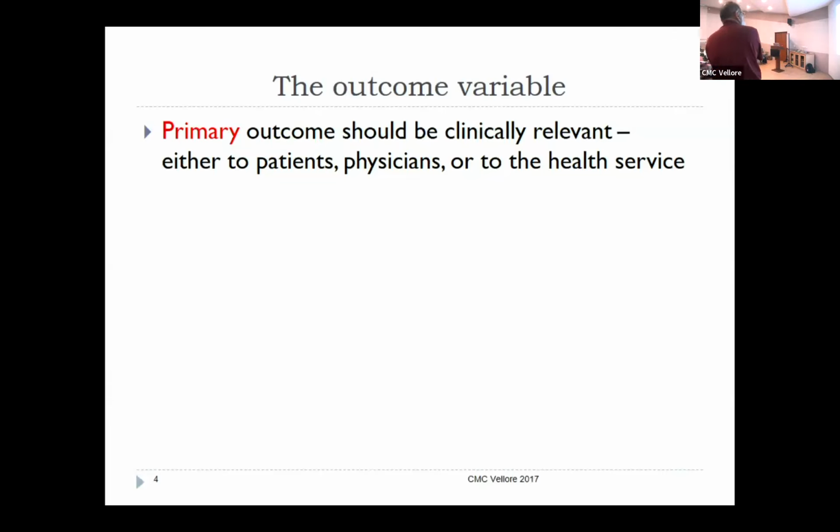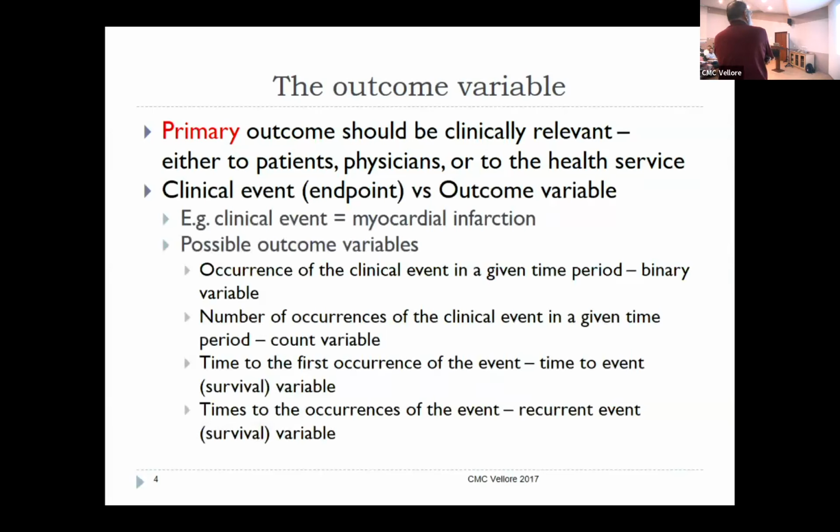You care about them. So a clinical event is something, for example, like a heart attack or a stroke or death or remission or relapse or something that either occurs or does not occur.